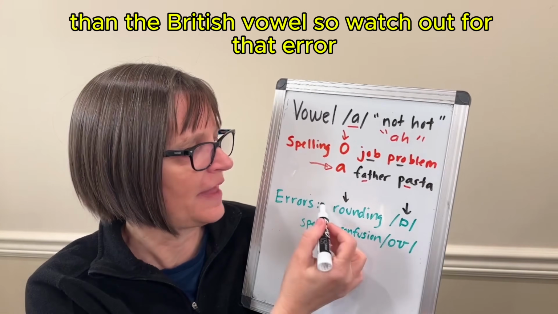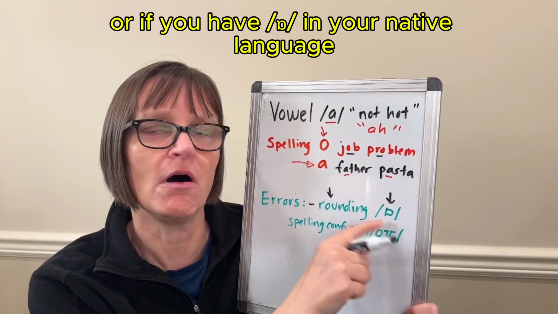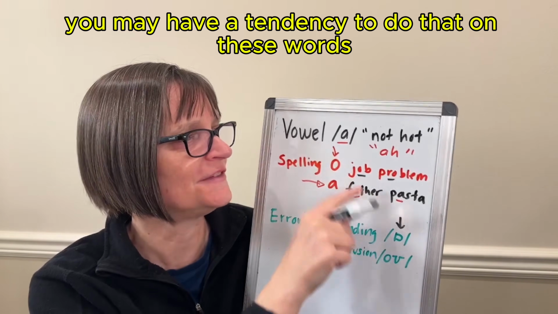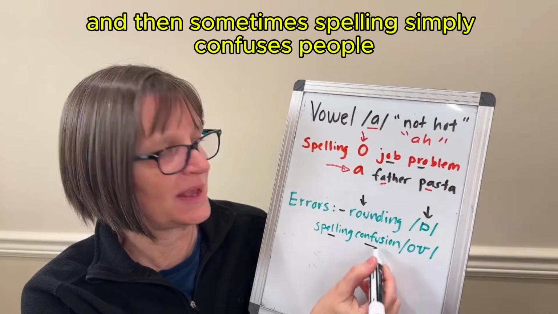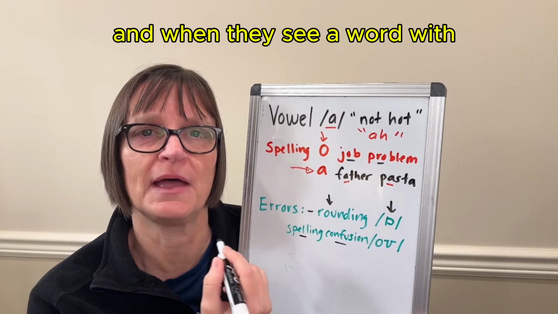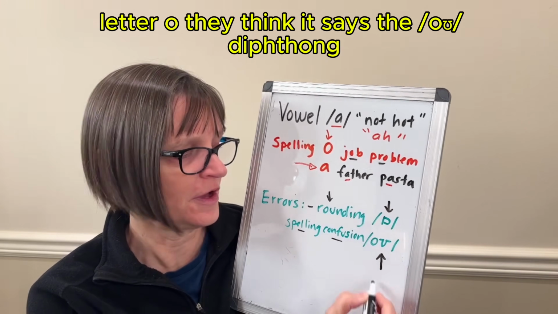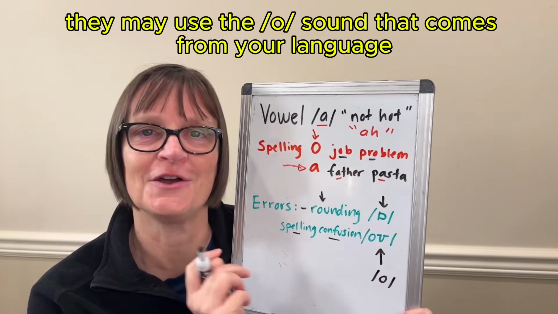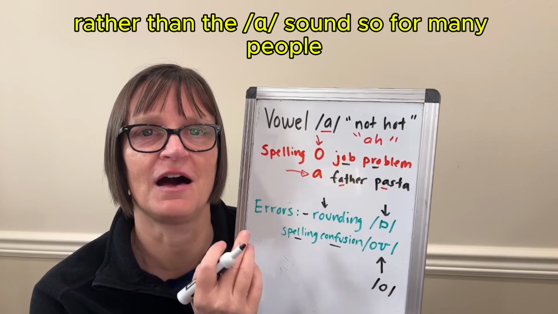So watch out for that error if you learned British English, or if you have a rounded vowel in your native language, you may have a tendency to do that on these words. And then sometimes spelling simply confuses people, and when they see a word with letter O, they think it says the O diphthong, or they may use the O sound that comes from your language rather than the ah sound.